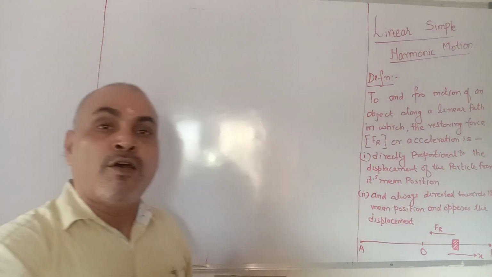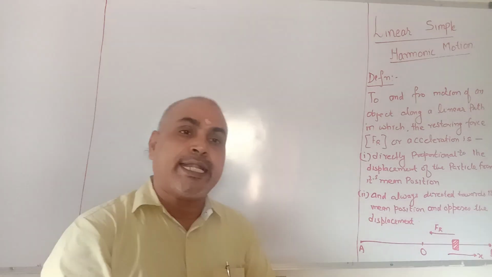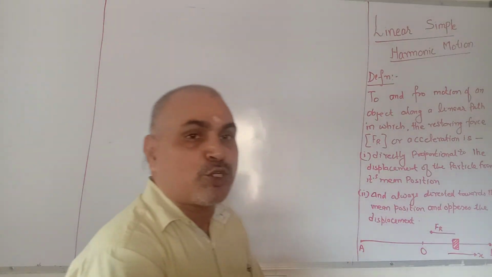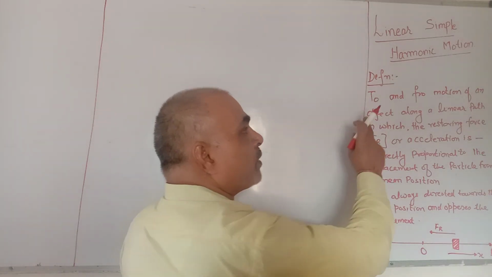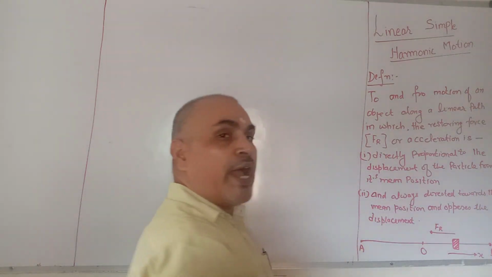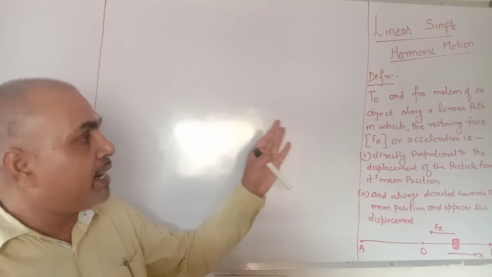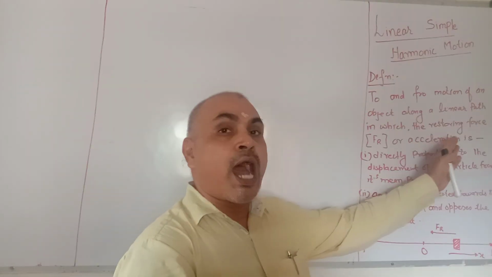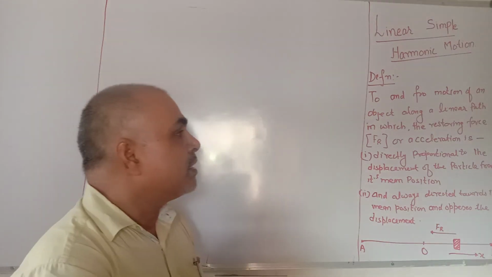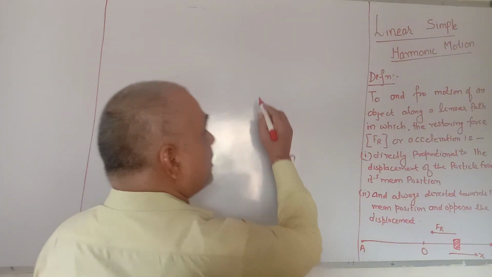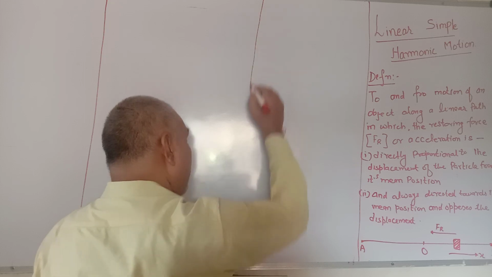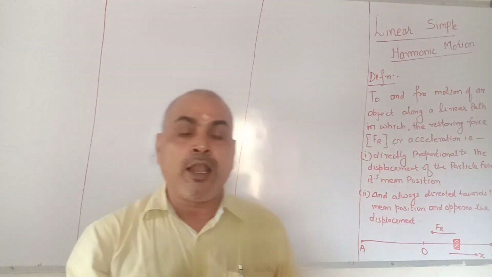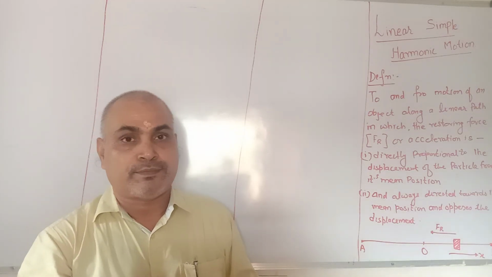So here force is opposing the displacement. This is why it is called restoring force. So to and fro motion of an object along a linear path in which the restoring force or acceleration is directly proportional to the displacement of the particle is called linear simple harmonic motion.